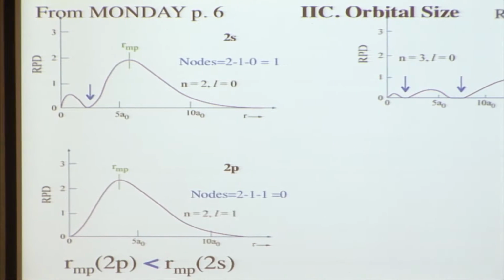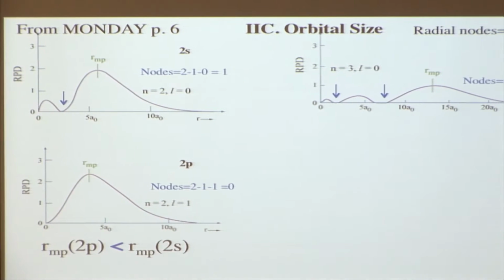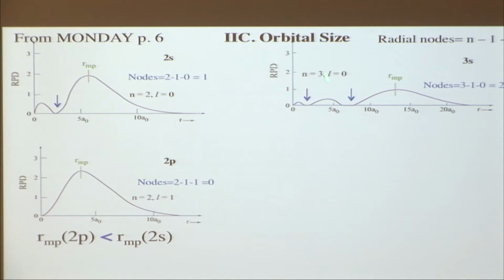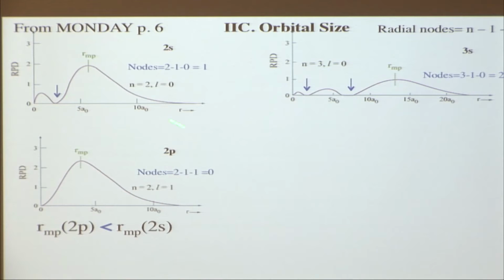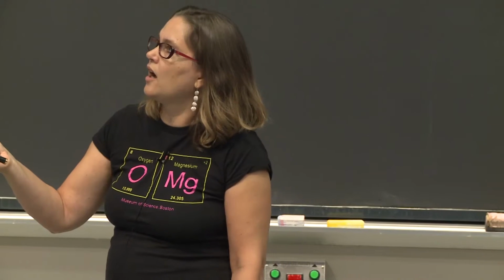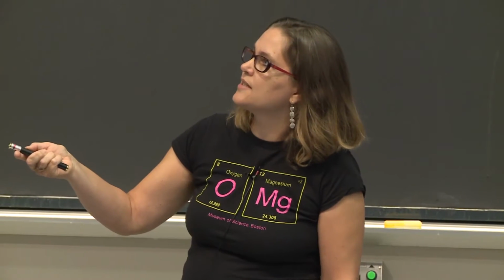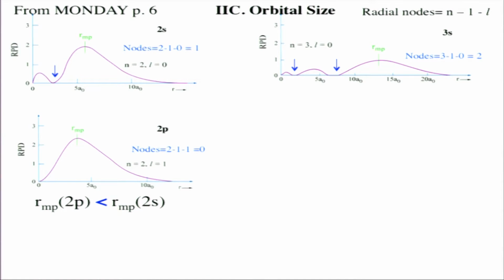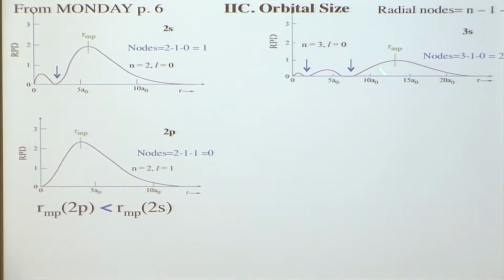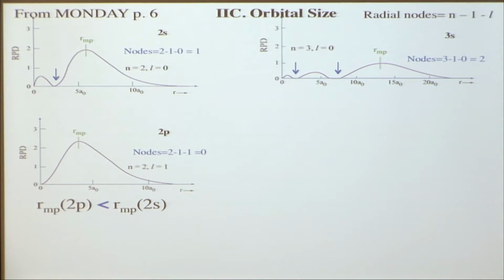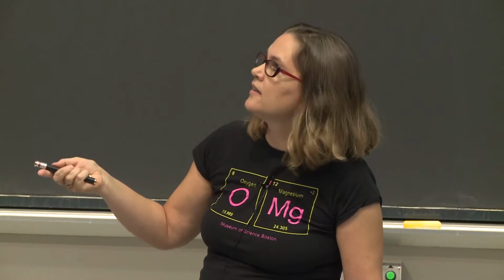So we have the 3s situation over here. And so L equals 0. We have 2 nodes here. And now if you look at the radius, the axis over here, you'll see that the most probable for 2s is close to 5 a0, where a0 is the Bohr radius. And over here, you're talking between 10 and 15. So we see an increase in size going this way.